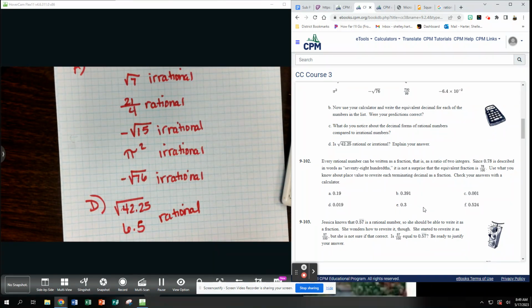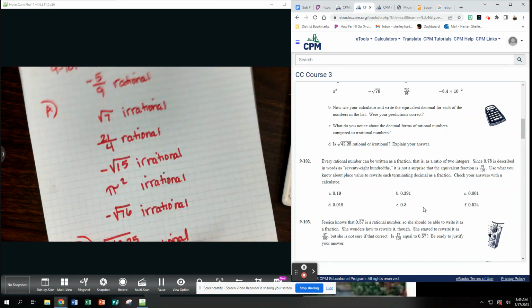All right, so 9-102: every rational number can be written as a fraction. That is a ratio of two integers. Since 0.78 is described as 78 hundredths, it is no surprise that its equivalent fraction is 78 hundredths.